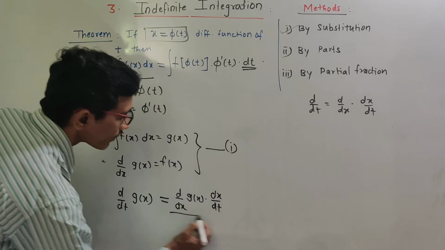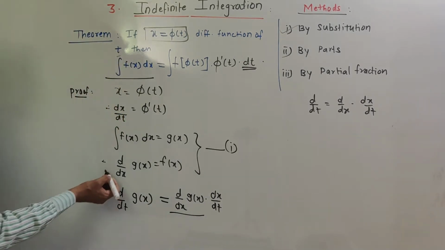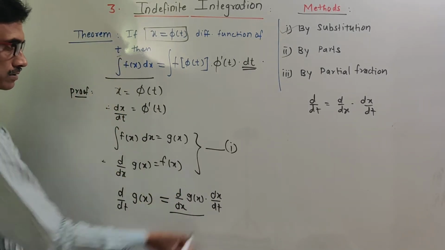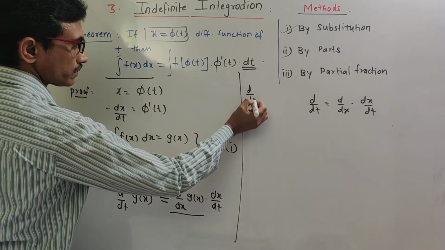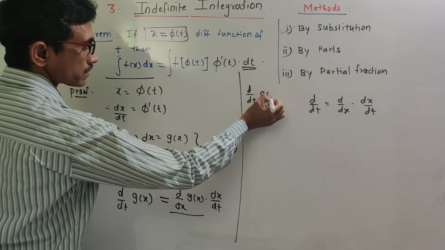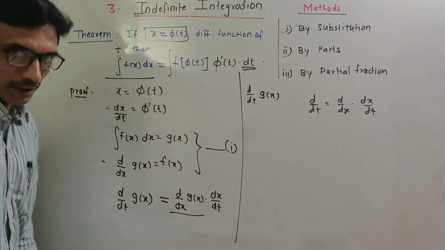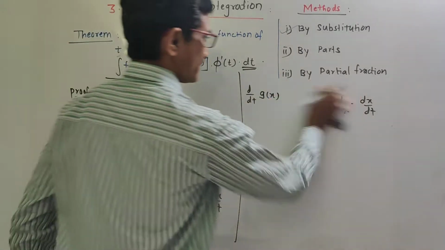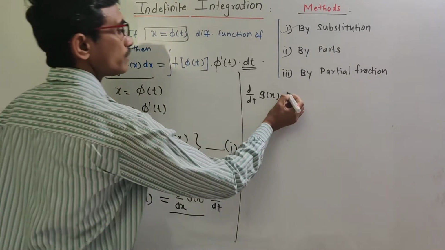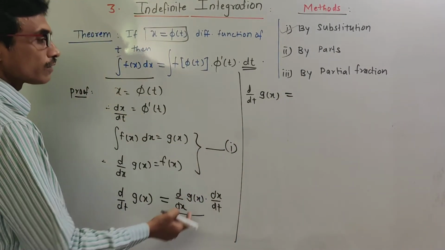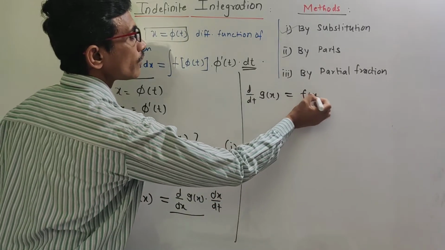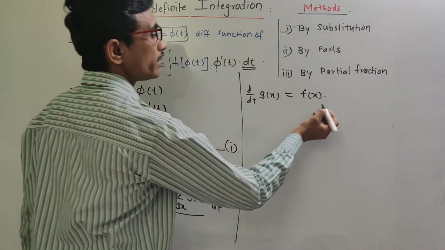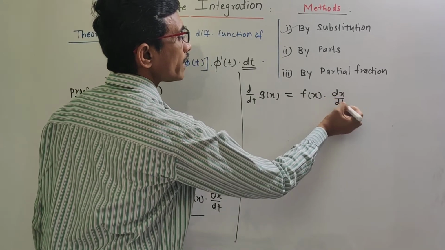Now d/dx of g of x is equal to f of x. Therefore d/dt of g of x is equal to f of x into dx by dt.